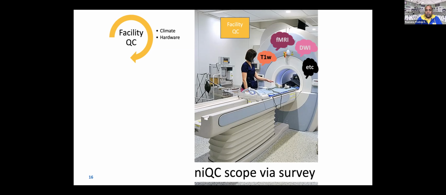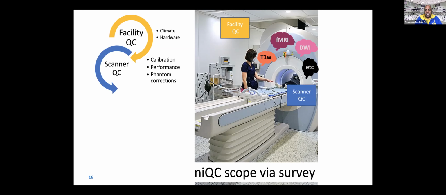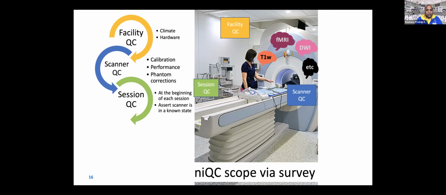It starts with controlling the environment or climate and hardware in the imaging facility, followed by calibrating the scanner and performing daily corrections or monitoring, followed by ensuring that the scanner is in a known state.